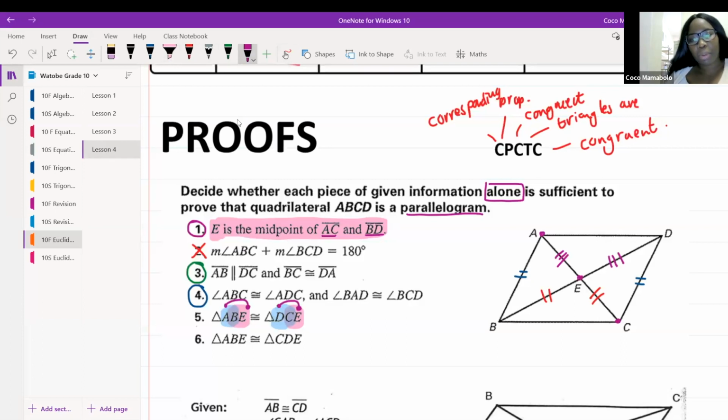If E is the midpoint of AC, what that's actually telling me is that AE must be equal to EC. And if E is the midpoint of BD, what that's telling me is that BE must be equal to ED. But now when I look at this, what happens to my equal sides? Are they actually equal to each other?